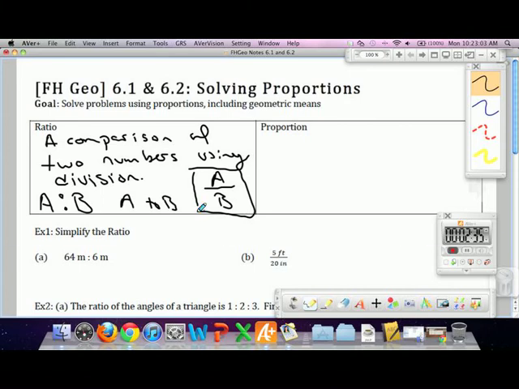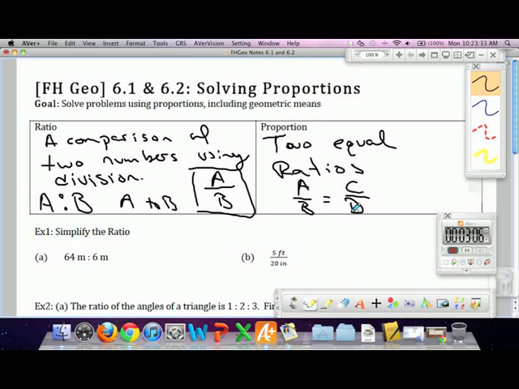To go along with ratios, the next logical algebraic leap is to talk about proportions, which are two equal ratios, which we generally express as, say, A over B is equal to a second ratio, C over D. Ratio and proportions are pretty similar ideas.